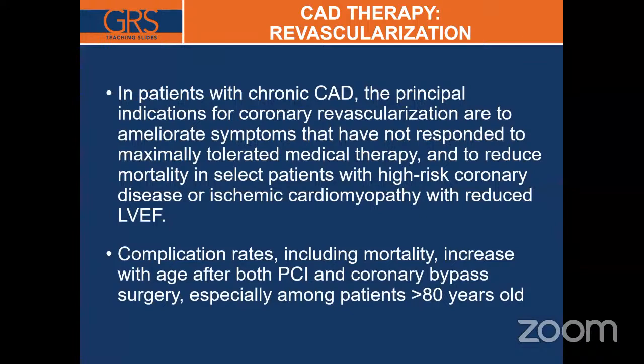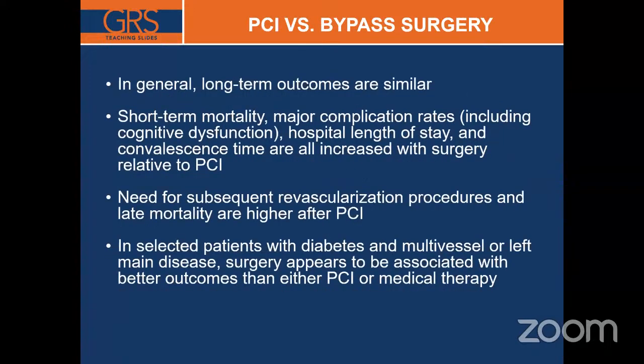It's important to note that as patients age, especially those over 80 years old, the risk associated with both PCI and bypass procedures increases, including higher rates of complications and mortality. Therefore, decision-making regarding revascularization in older adults requires careful consideration of individuals' health status, comorbidities, and expected benefits relative to the risks.